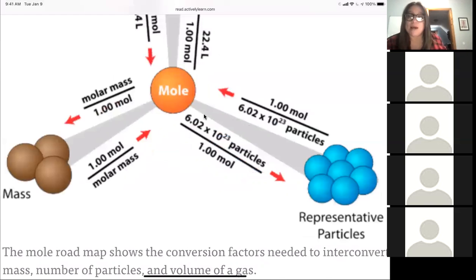Okay, so we're going from blue to brown. There is no straight path from blue to brown. What we need to do is go from particles to moles, and then moles to mass. So we are using the top fractions.